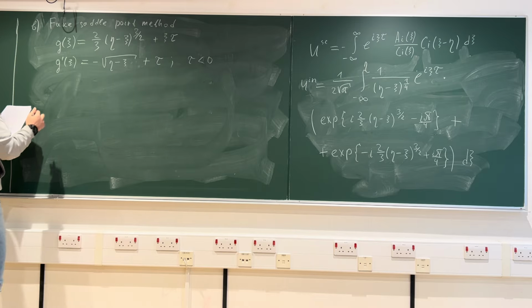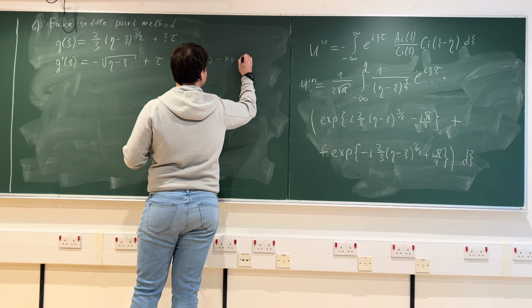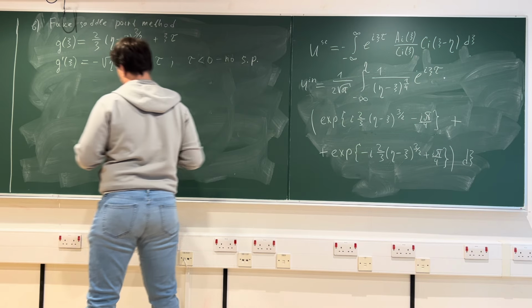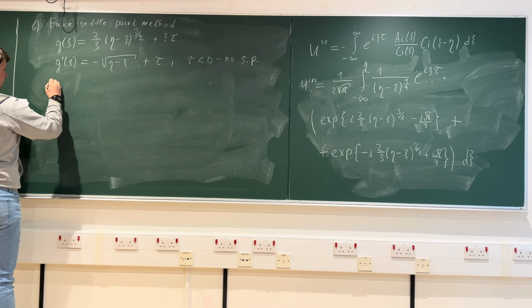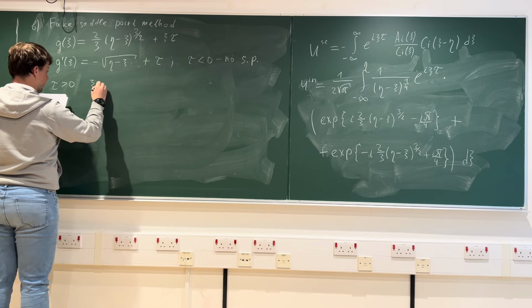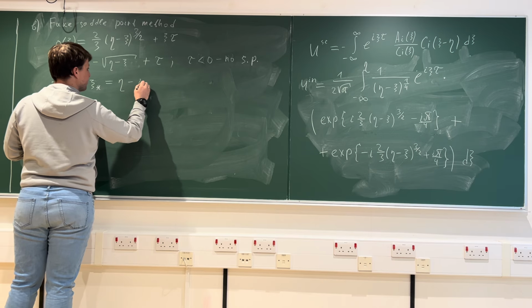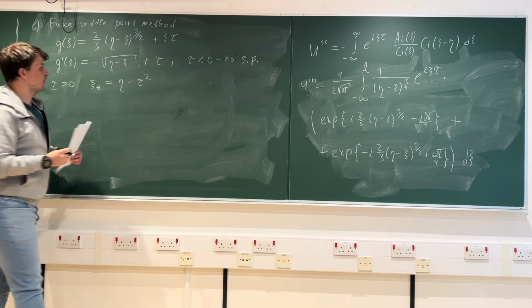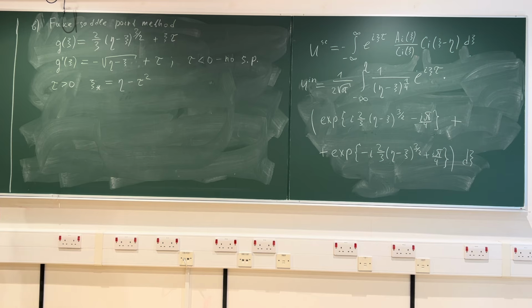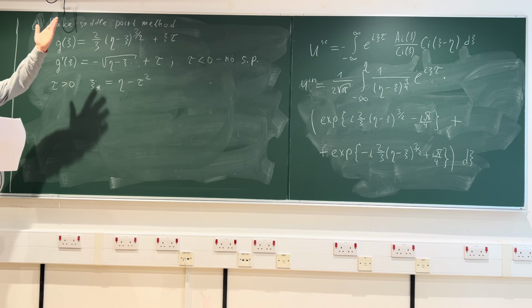But for tau bigger than 0, we have a certain point, which should look familiar to you. It's like a straight line with parabolic coordinates. And well, this is kind of the upper half of the half plane.